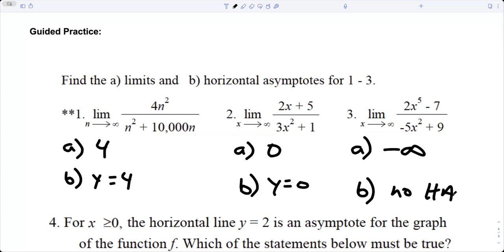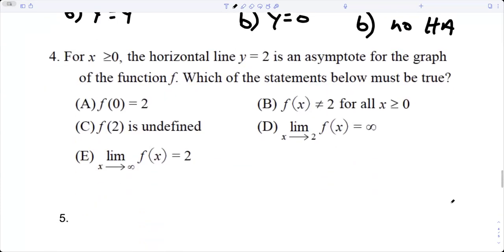Then we got a multiple choice. For x greater than or equal to 0, the horizontal line y is equal to 2 is an asymptote for the graph of the function f. Which of the statements below must be true? They tell us that there is a horizontal asymptote at y is equal to 2.